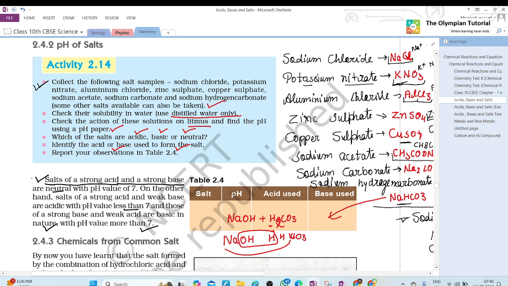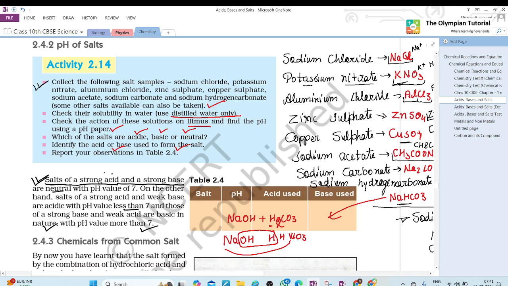Thanya, read this line. Salts of a strong acid and a strong base are neutral with pH value of 7. On the other hand, salts of a strong acid and weak base are acidic with pH value less than 7. And those of a strong base and weak acid are basic in nature with pH value more than 7.